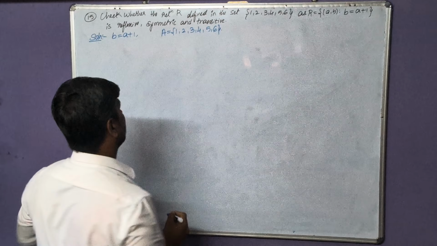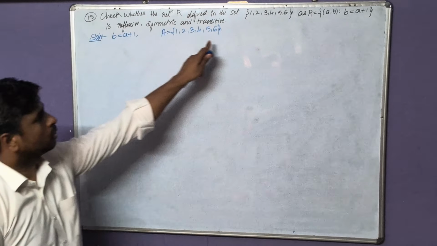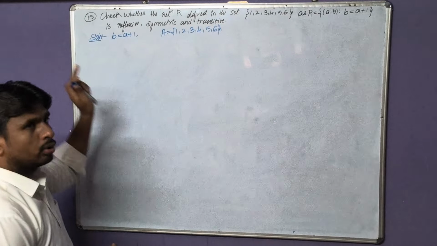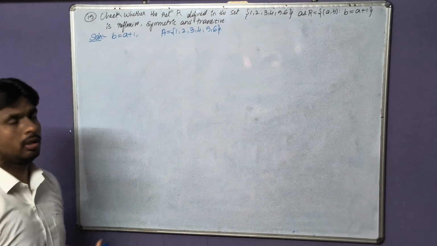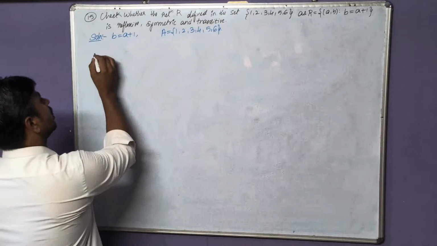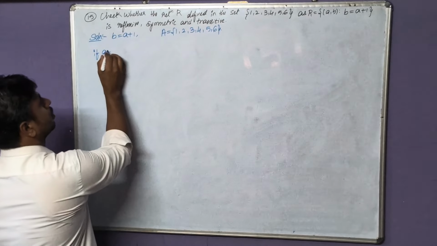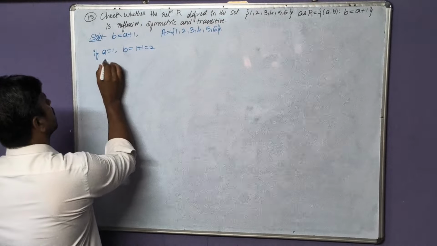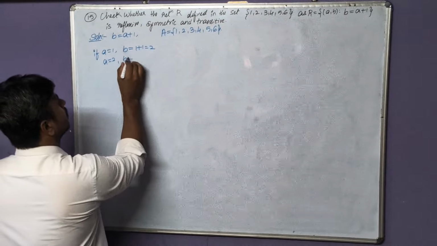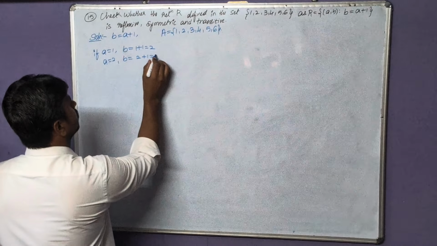Now let us take the elements a as 1, 2, 3, 4, 5, 6, and we know very well that both a and b should be from the given elements of set A only. It cannot be beyond that. Accordingly, if I take a equal to 1, the value of b becomes 1 plus 1, which is 2. When a is equal to 2, b becomes 2 plus 1, which is 3.